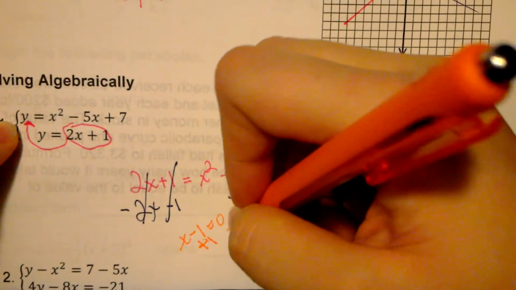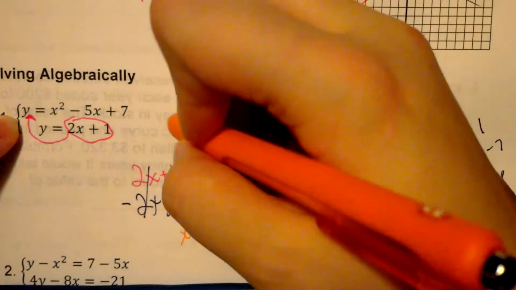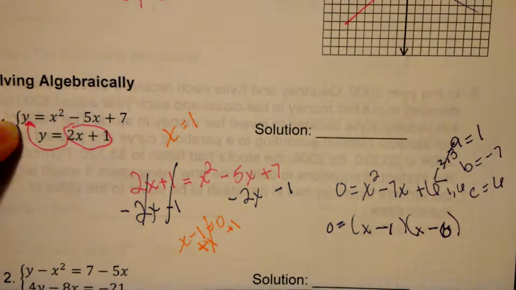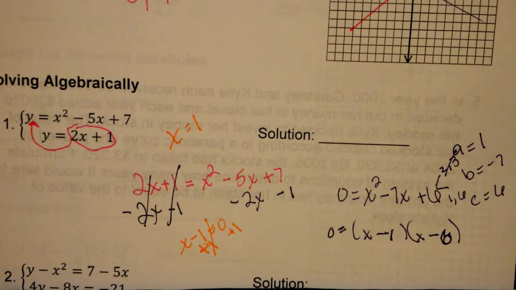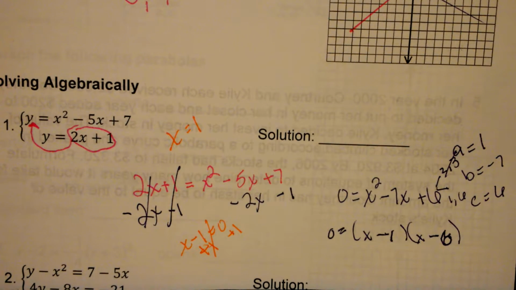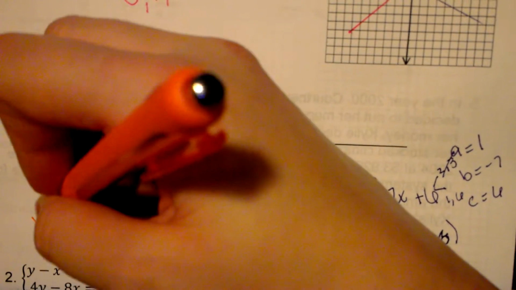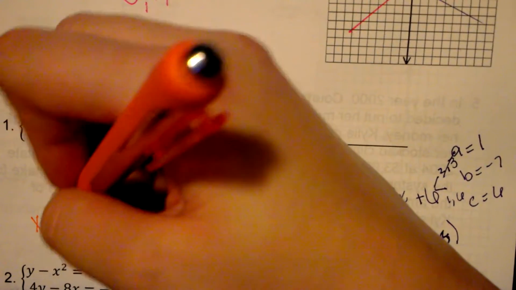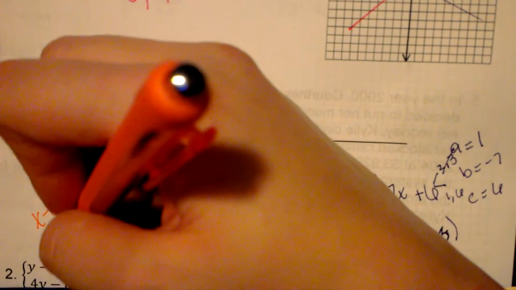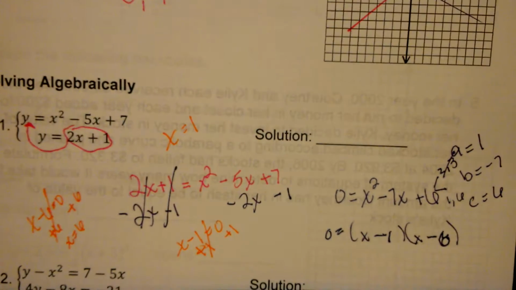Add 1, so x is positive 1. Then x minus 6 equals 0. So x is 6.